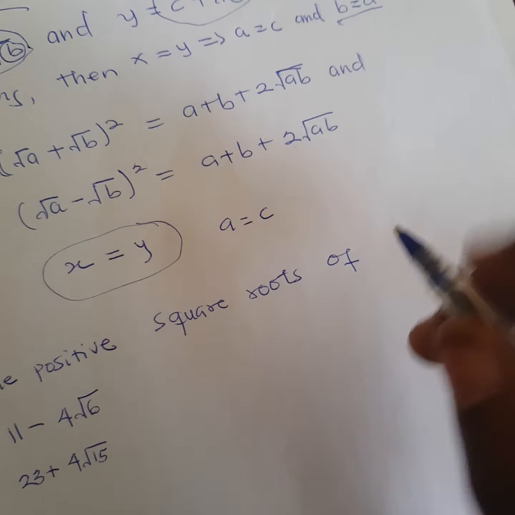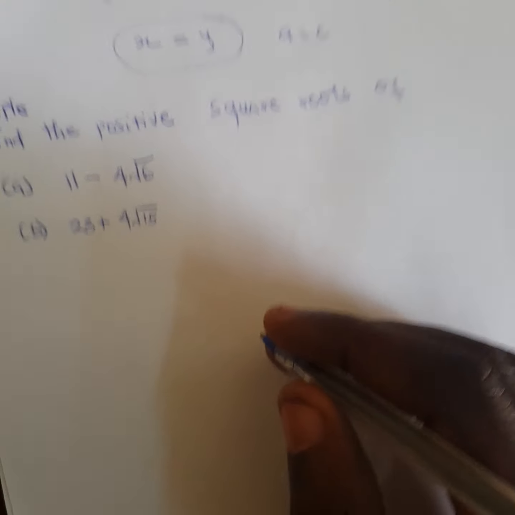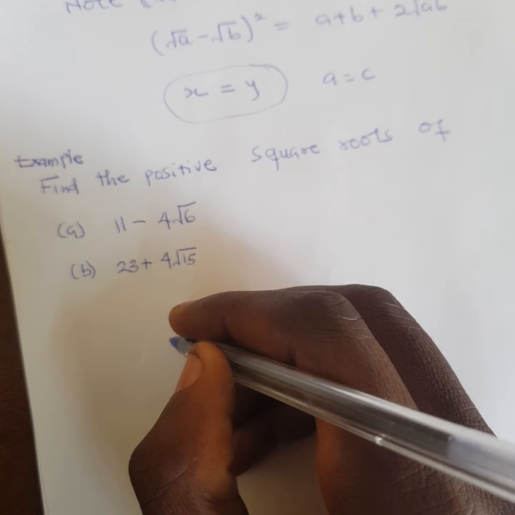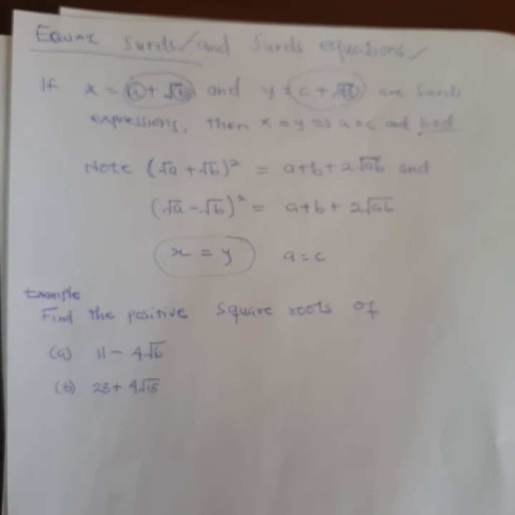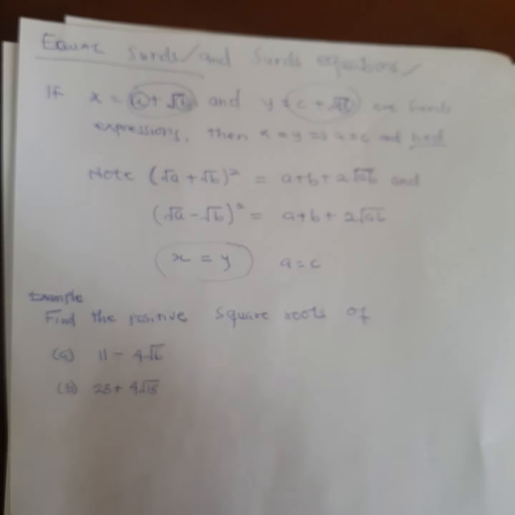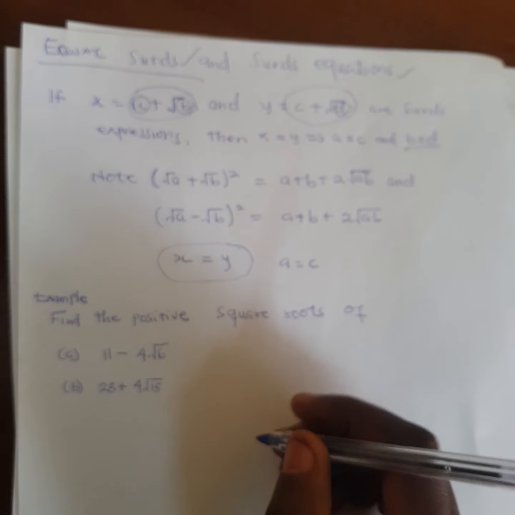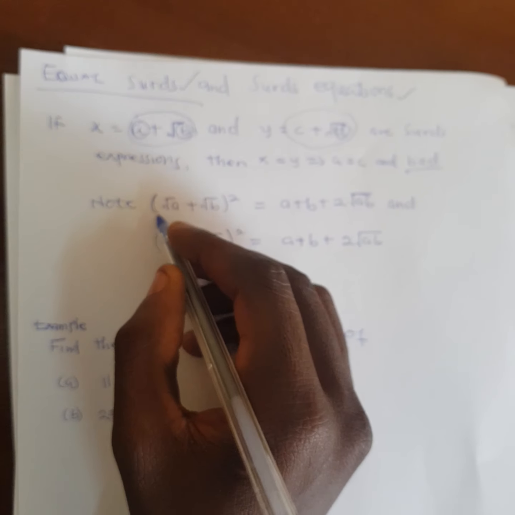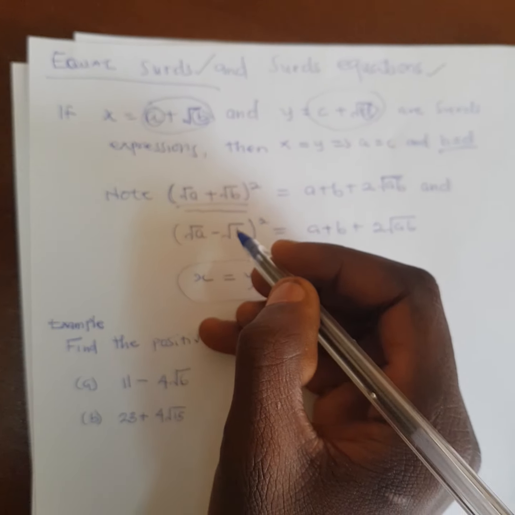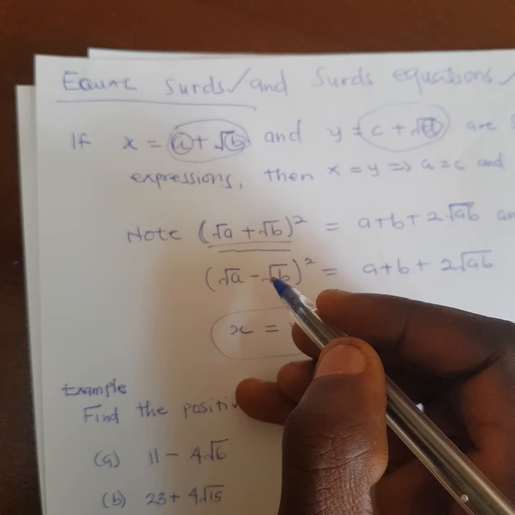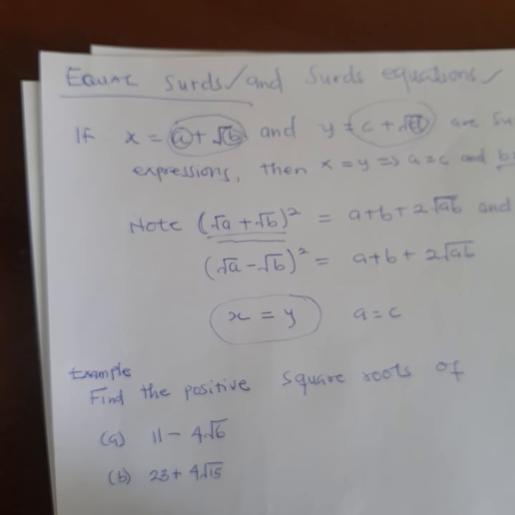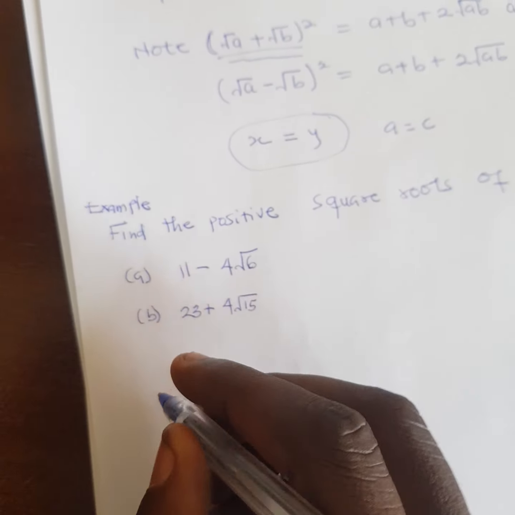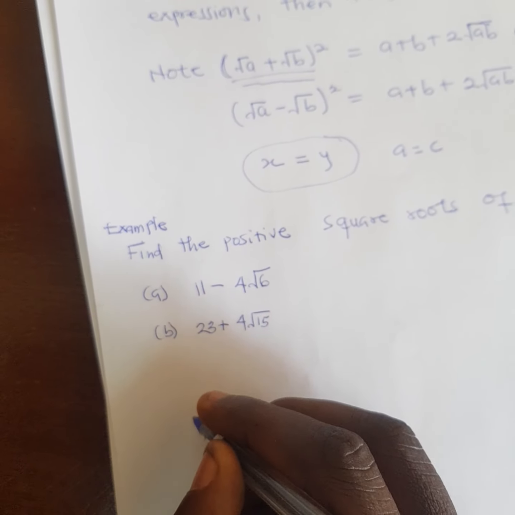Now, you realize that in mathematics we have what we call multiplication of two binomials. Given this term, and you want to expand this, let's write it here and then we can solve.